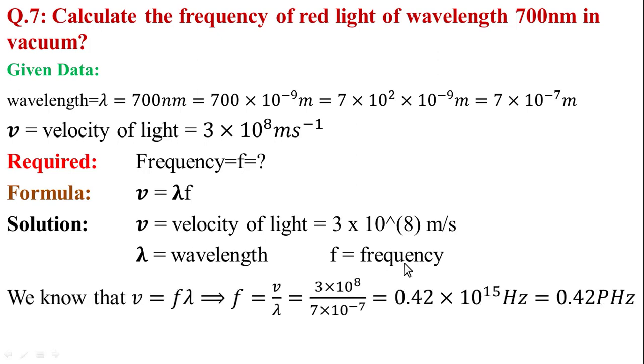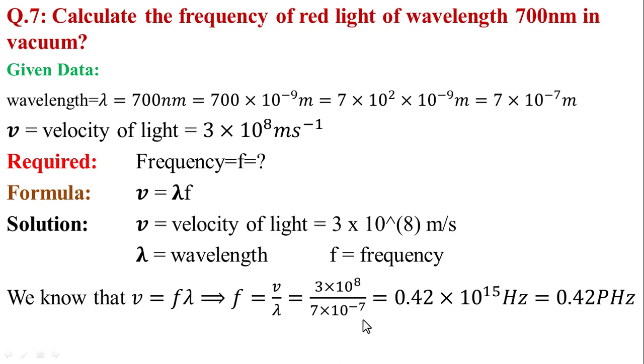Putting the values, f is equal to v upon lambda, which is 3 multiplied by 10 raised to power 8 divided by 7 multiplied by 10 raised to power minus 7. Here 3 divided by 7 is equal to 0.42. 10 raised to power minus 7 moves upward, then the power will be positive, so 8 plus 7 is equal to 10 raised to power 15.